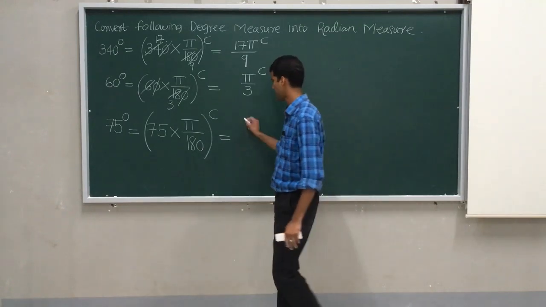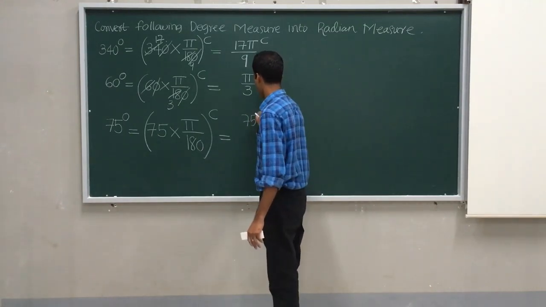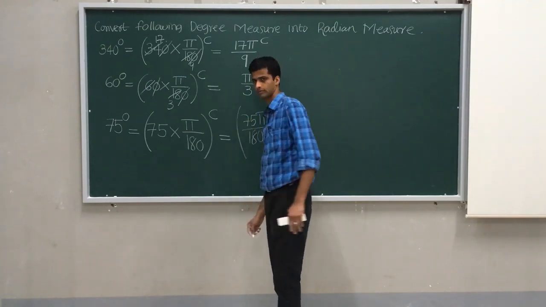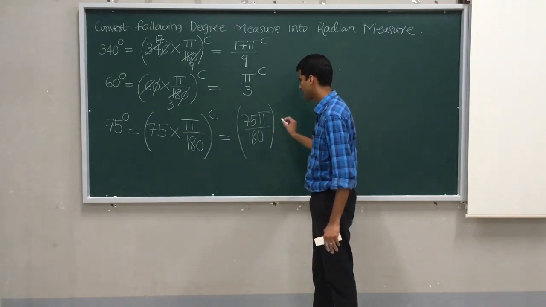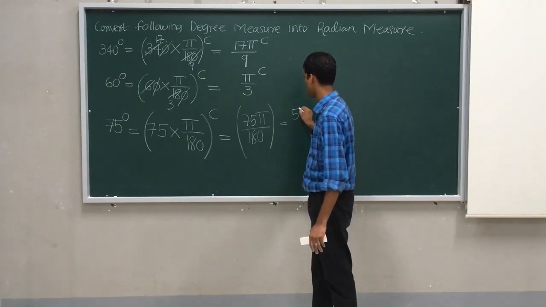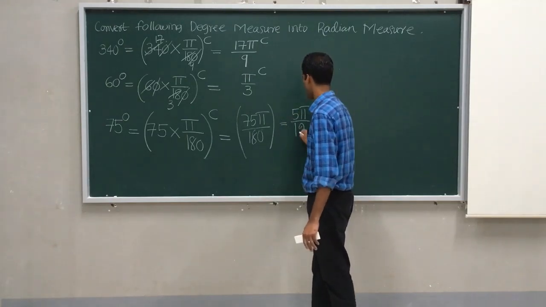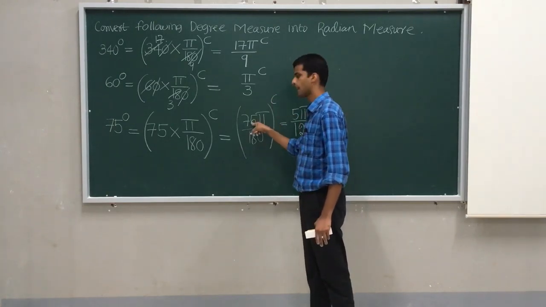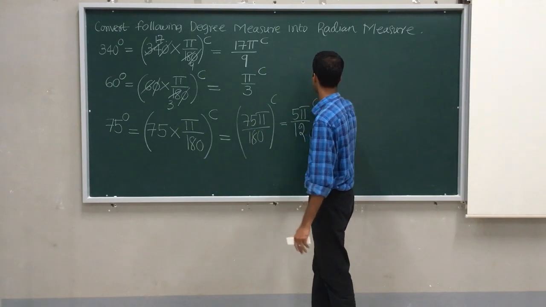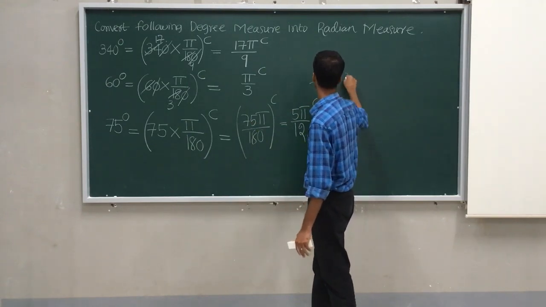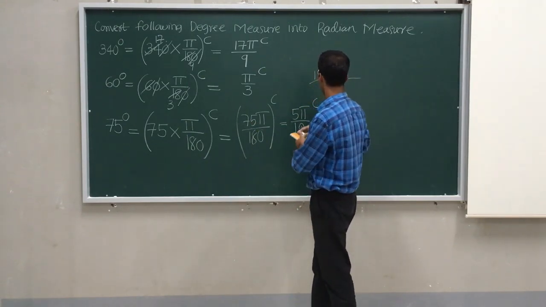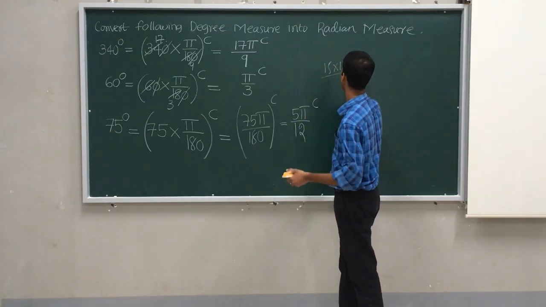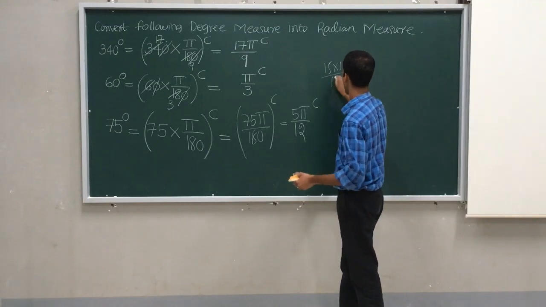So 75 pi by 180. Okay, I guess it is 5 by 12 radian because 15 5s are 75 and 15 12s are 180.